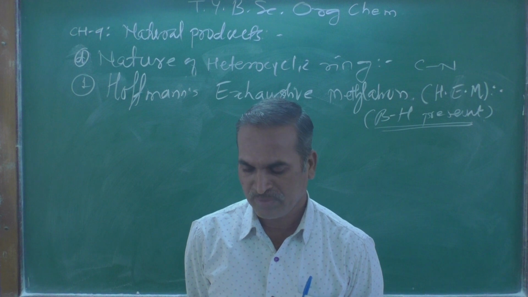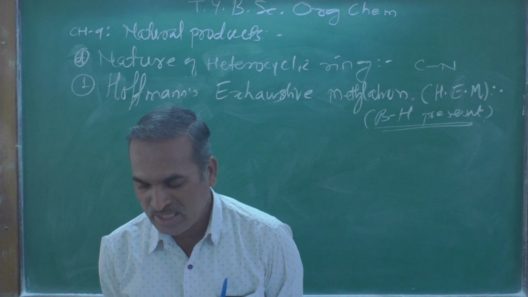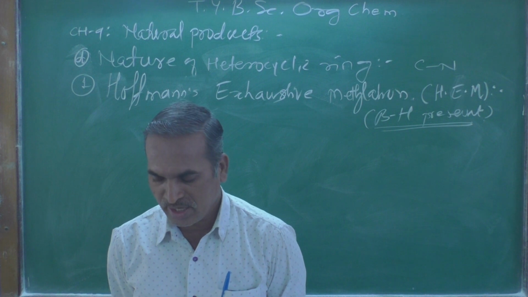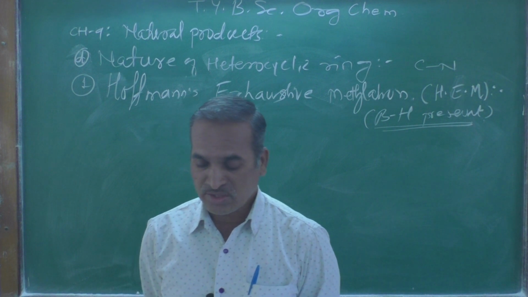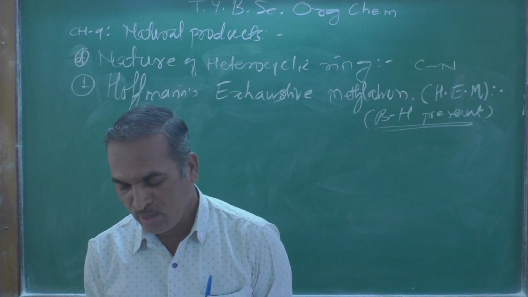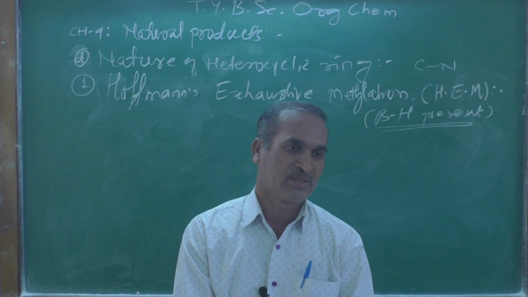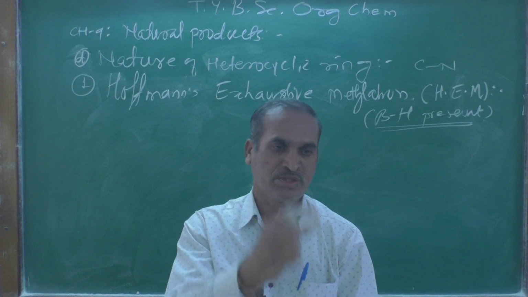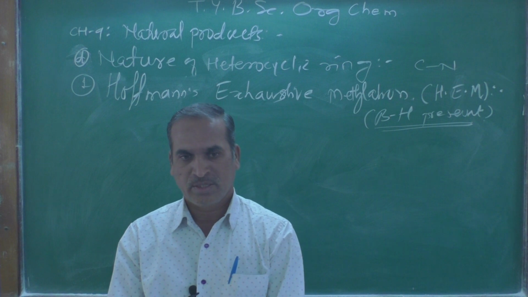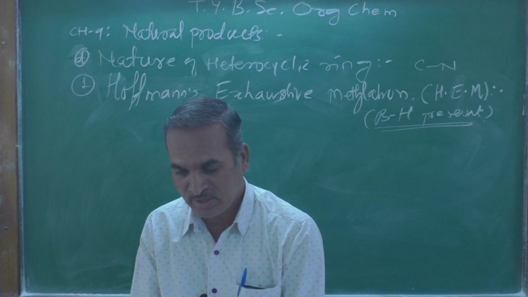Listen carefully. The given heterocyclic compound is completely saturated and then treated with excess of methyl iodide to form quaternary ammonium iodide. This is the first point. This is the first step in a Hofmann exhaustive methylation. What is that?